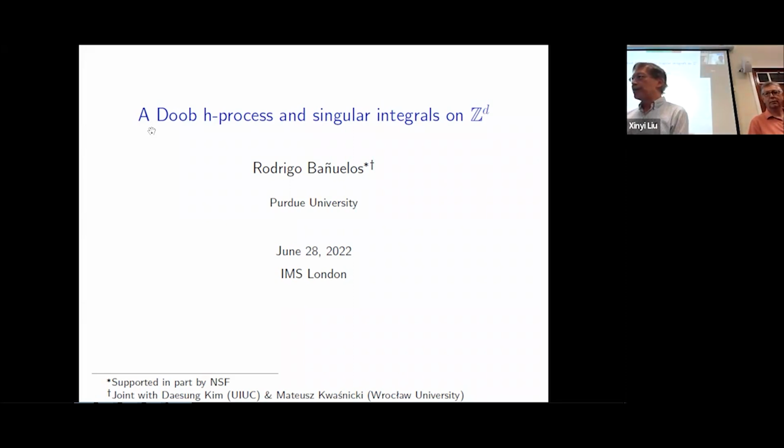It's a great pleasure to introduce the speaker of the session. Professor Rodrigo Bañuelos received his PhD from UCLA in 1984, and he has been with Purdue University since 1986. Professor Bañuelos' research interests are in probability and applications to harmonic analysis and spectral theory, with emphasis on singular integrals and the geometry of the Laplacian and non-local operators, on which he has written and lectured widely.